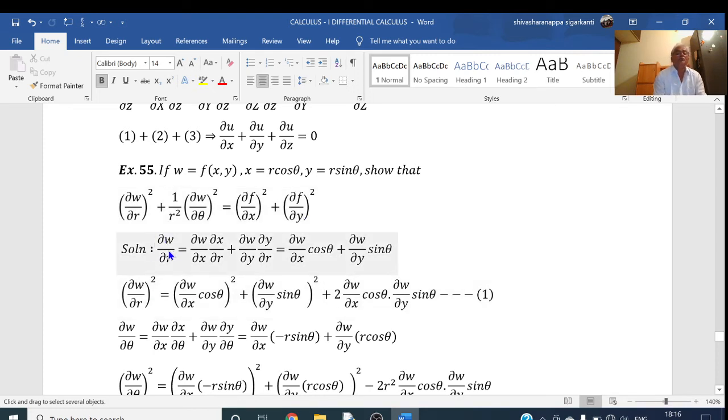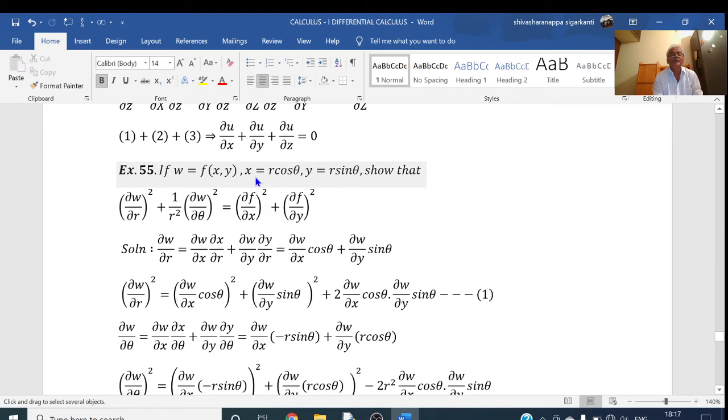So here dou w by dou r is equal to, according to my chain rule, dou w by dou x into dou x by dou r, because w is a function of x and y, plus dou w by dou y into dou y by dou r. This is equal to dou w by dou x into, what is dou x by dou r? x equal to r cos theta.